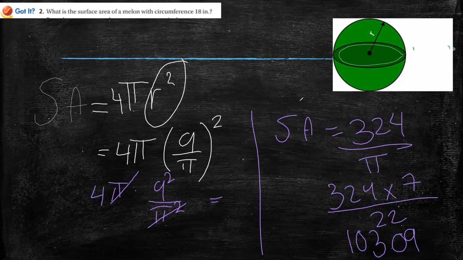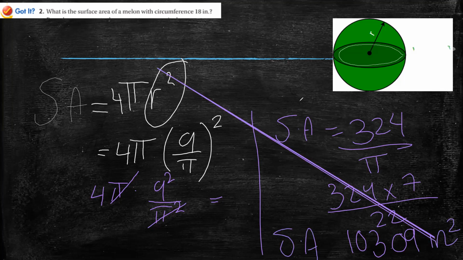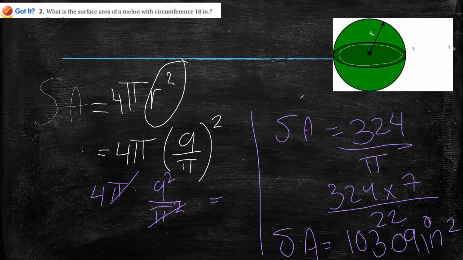What's the unit? Inches squared. This is the surface area of the sphere.